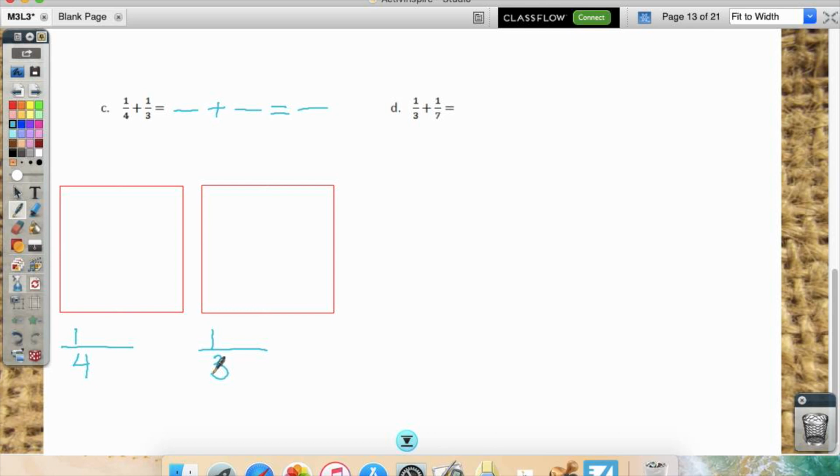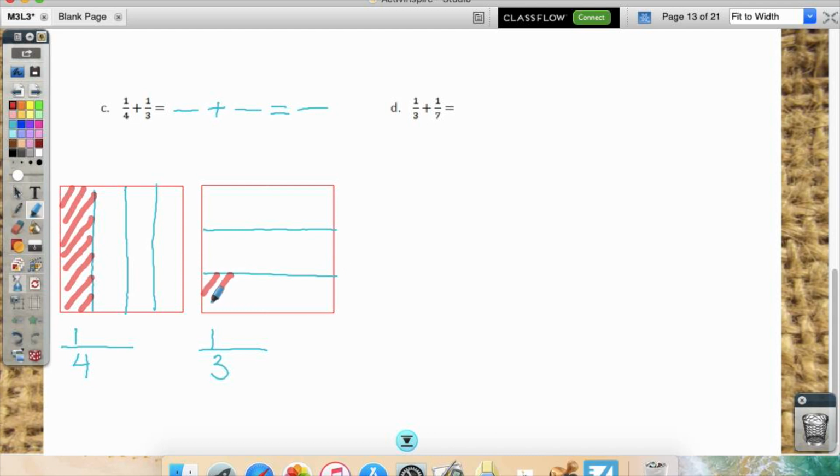Okay, so divide the first shape into fourths. And shade 1/4. Second shape into thirds. And shade 1/3.